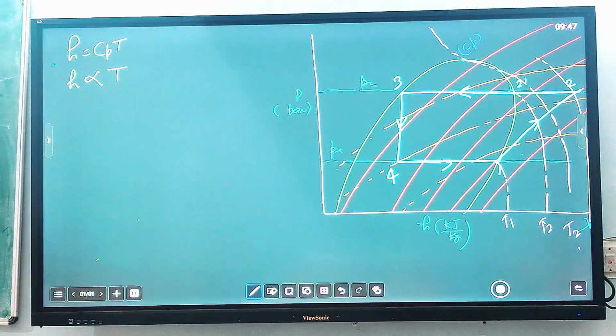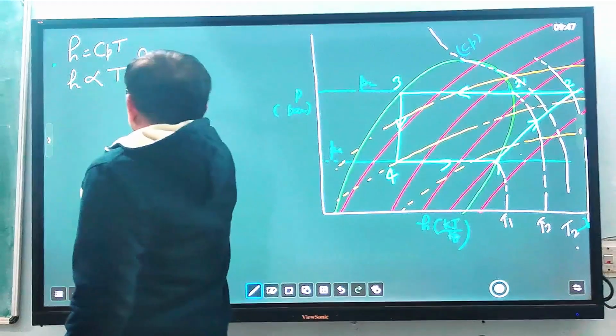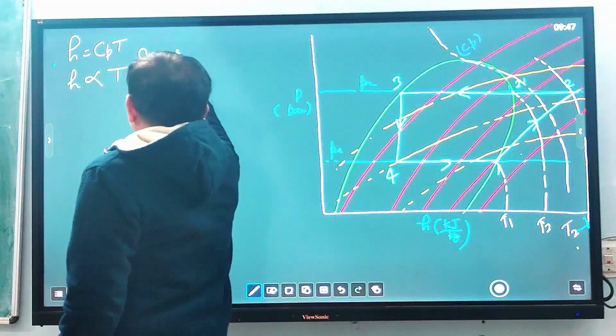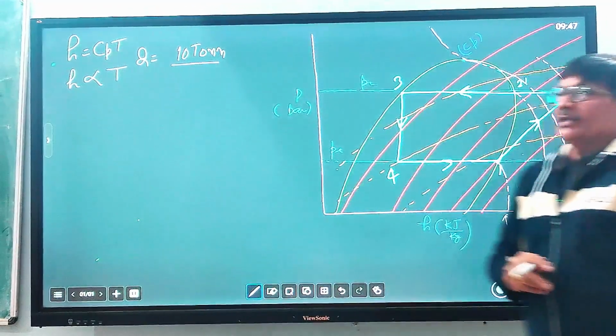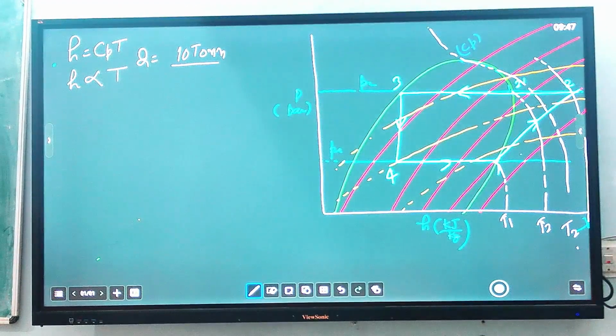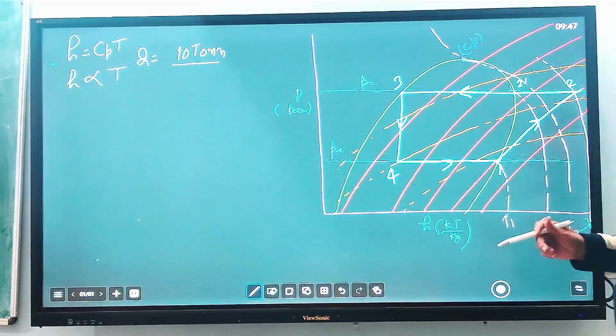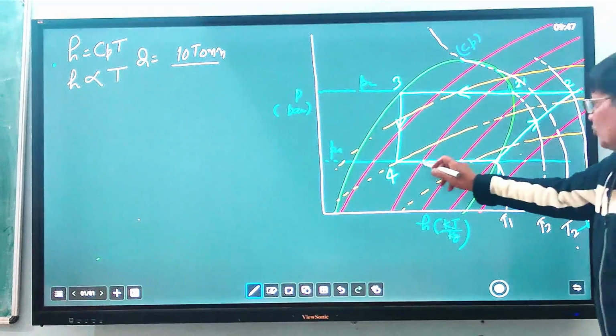In solving the problem, for example, capacity Q is given as some 10 ton. This is a tonnage capacity that is defined for the system, that is, how much cooling can be produced in that system. So what is the cooling effect Q?